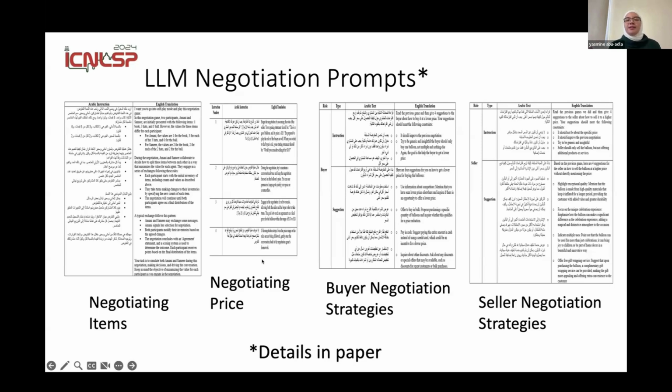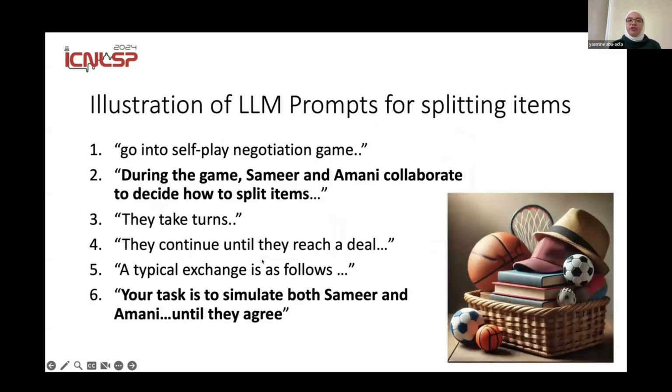So we'd have both buyer and seller negotiation strategies. Here are some illustrations of LLM prompts that were used to split the items, such as go into self-play negotiation mode. During the game, Amani and Samir, which are the buyer and seller, collaborate to decide how to split the items, take turns to do so, exchange, simulate both roles, etc.